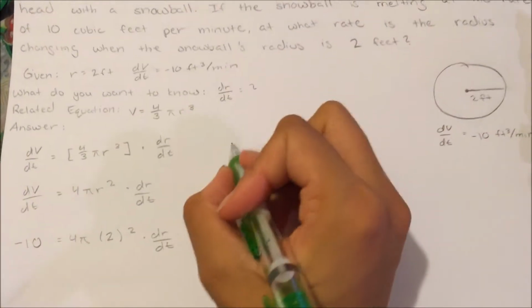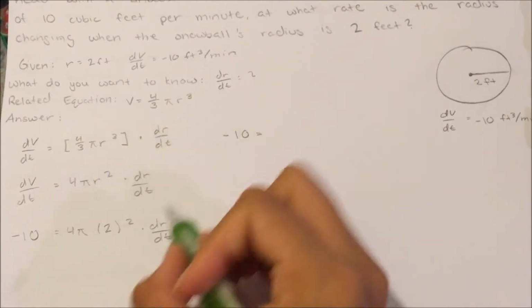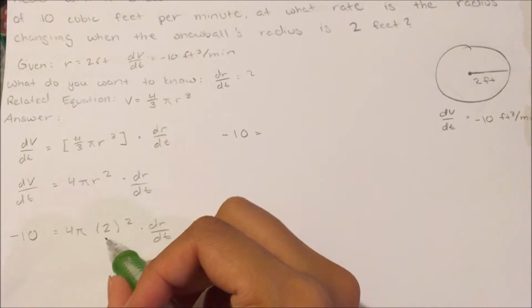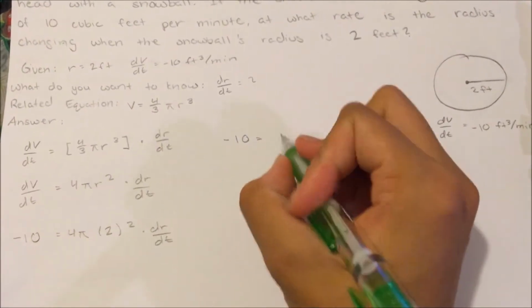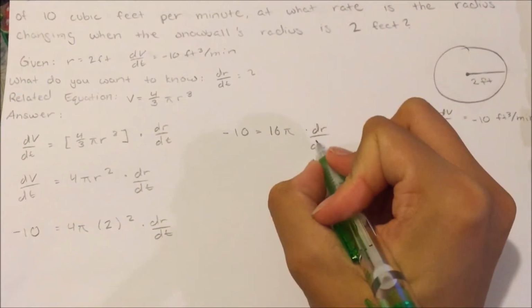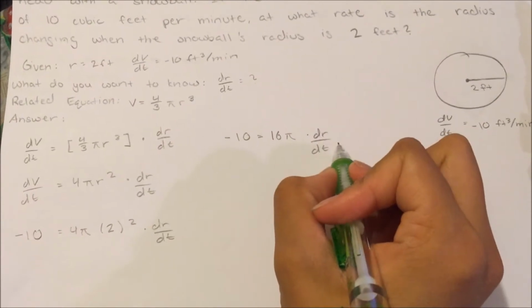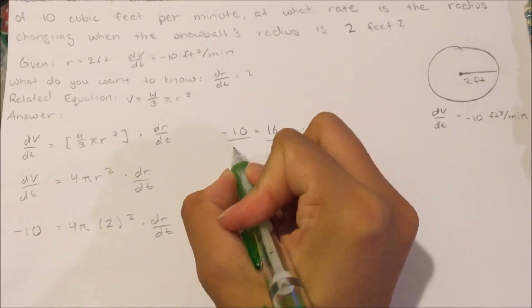So we move up over here. Negative 10 equals our 4, and then 2 squared is just 4, and then 4 times 4 is just 16. So it'll be 16 pi dr/dt. Get dr/dt by itself, so we're going to divide both sides by 16 pi.